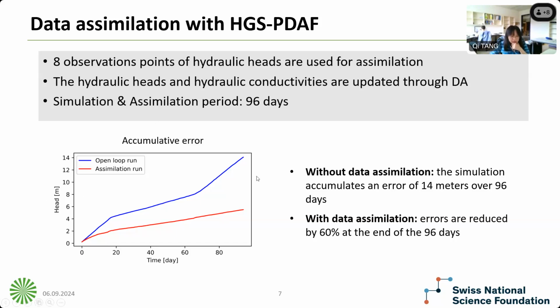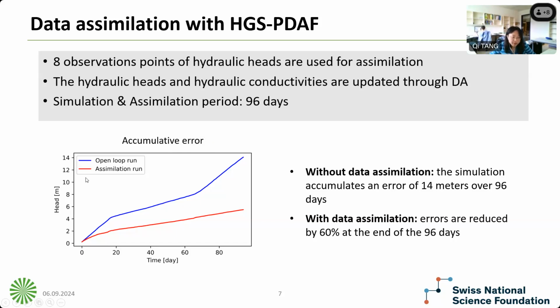On the left-hand side, we show the error, so the accumulated error. Here the error means the difference between the simulated and observed head.